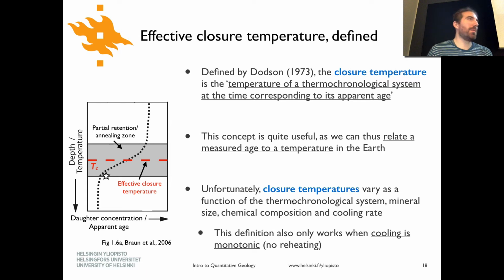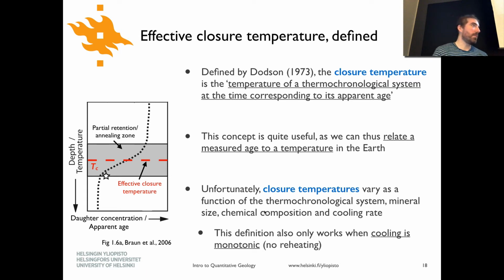But there's a lot of things that will affect this closure temperature. So it depends on which mineral you're looking at and which parent and daughter product, really the daughter product, you're looking at in the mineral. But also the size of the crystal will affect the closure temperature. The chemical composition can affect it. So apatite is a common mineral that's dated, but there's different types of apatite.